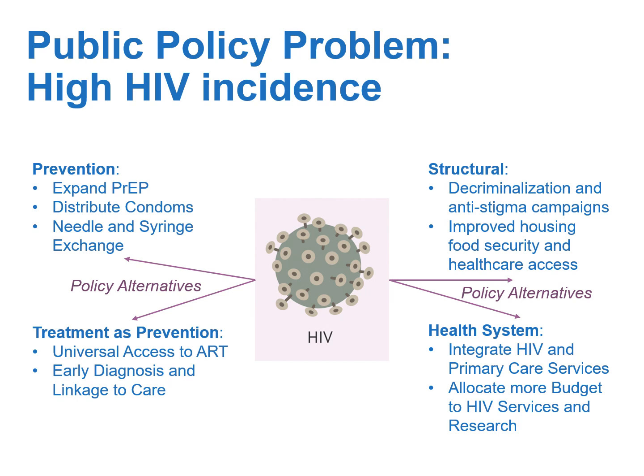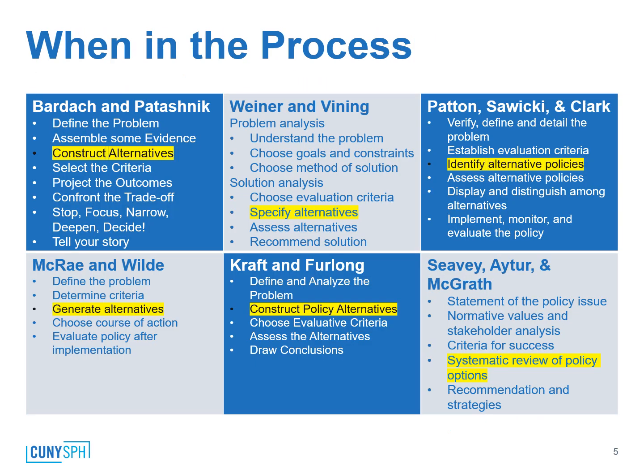Each of these clusters represents a set of policy alternatives or a different lever that policymakers might pull. In practice, a comprehensive policy mix often draws from several of these domains simultaneously. A common question is, at what point in the policy analysis process do we identify alternatives?